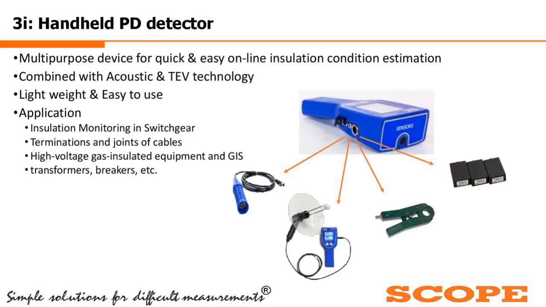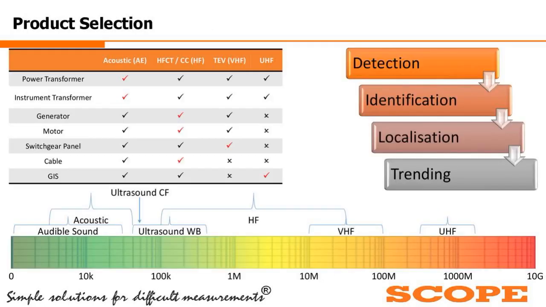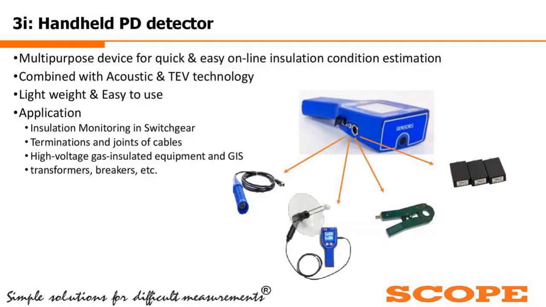So all these products we are going to talk about, we will try to map them with respect to this, or when we go through the product details, you can map it on your own with the product selection zone. So 3i is the very basic PD handle detector.